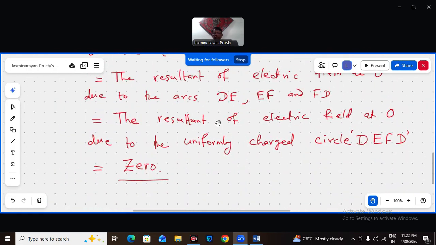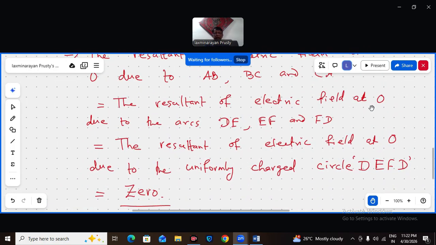So the resultant of the electric field at O due to arcs DE, EF and FD is equal to the resultant of the electric field at O due to the uniformly charged circle DEF, and the resultant electric field at the center of a uniformly charged circle is 0.